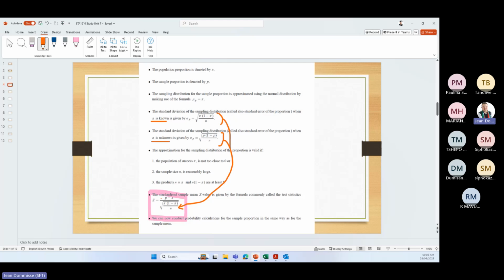It will be very clear in the questions whether you're working with a mean or a proportion. The same applies in the next study units, confidence intervals and hypothesis testing.